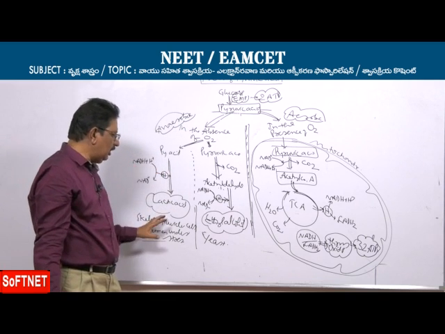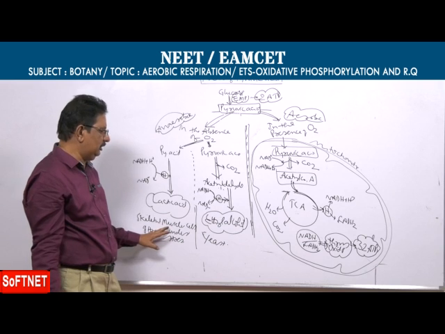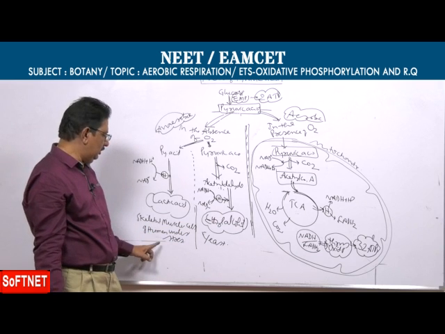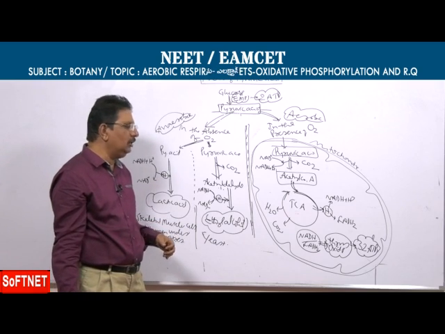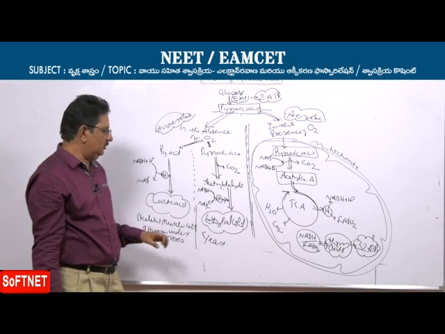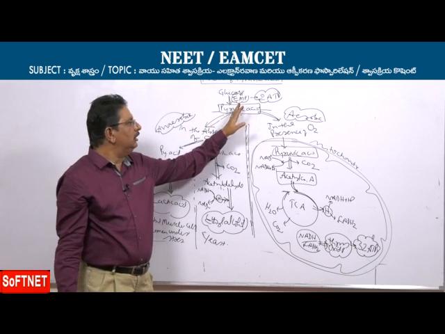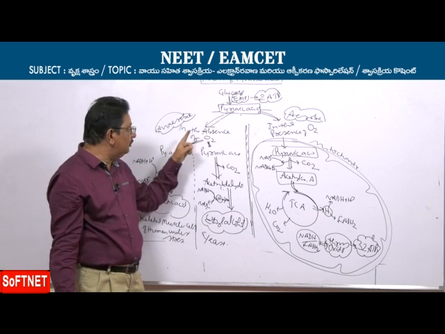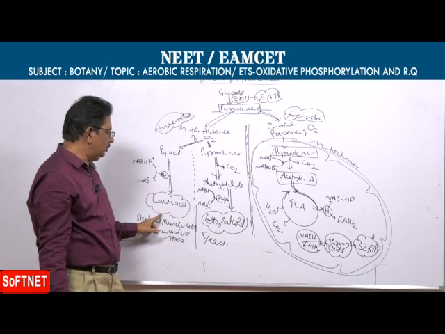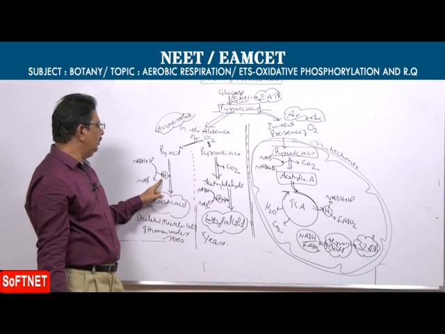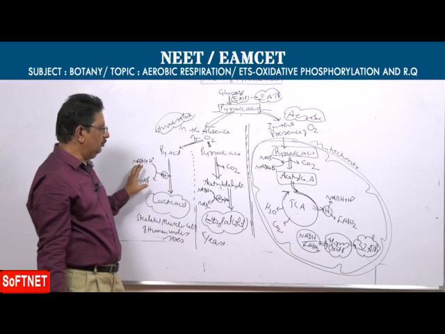And this very commonly occurs in human skeletal muscle cells whenever the body is experiencing severe stress. That is, continuous uncontrolled exercise results in non-availability of oxygen to the EMP pathway product. Hence, the pyruvic acid in human skeletal muscle cell converts into lactic acid by means of NADH involvement.